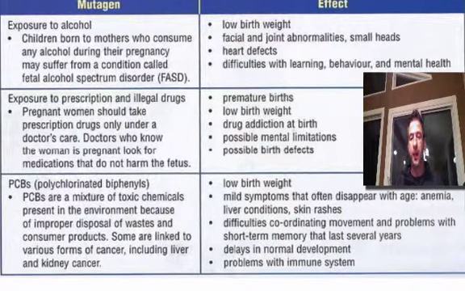There can also be mental limitations, being unable to learn, and possible birth defects. Back in the day, when they used to test drugs with LD50 testing, they would test them on mice, and they said, okay, if a mouse can handle X amount of this drug, then we can prescribe even more to humans based on their size.